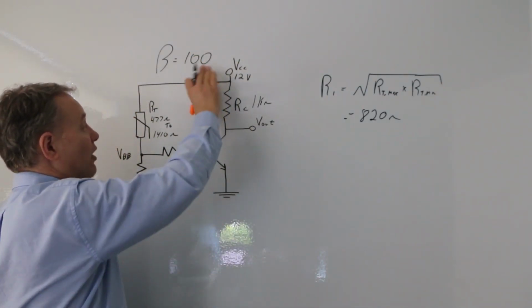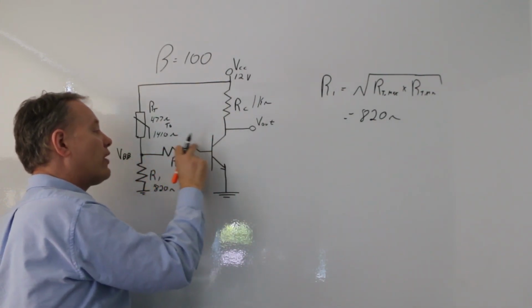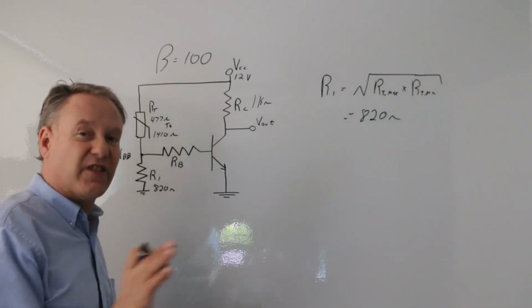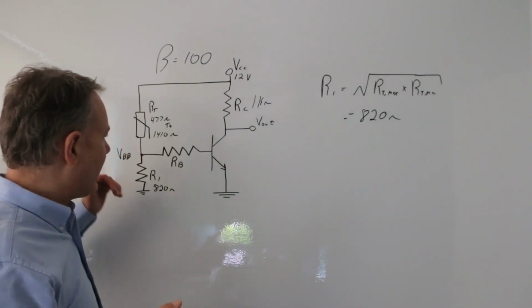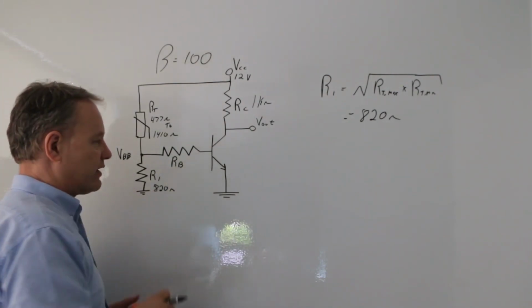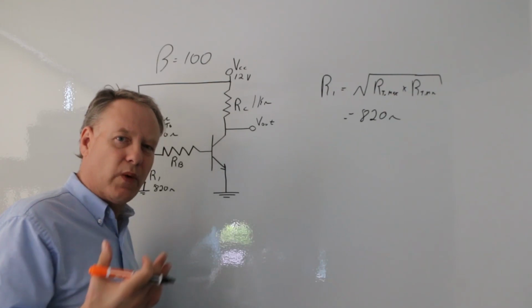So then I'm going to calculate the current going through here, and then calculate the required current that I need to go through here to fully saturate it. And then I'm going to go back and try to figure out what resistor I need here to do that. But I have to look at this two ways.